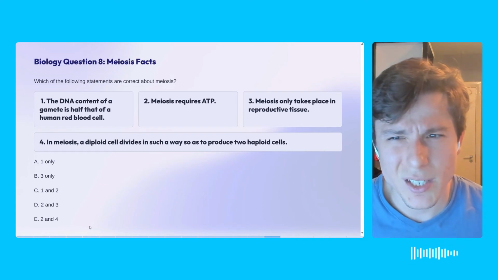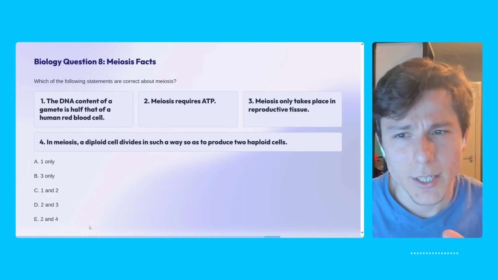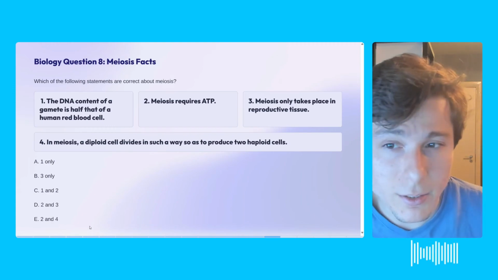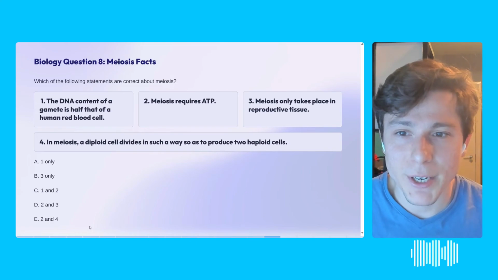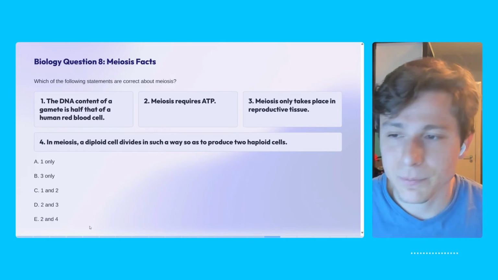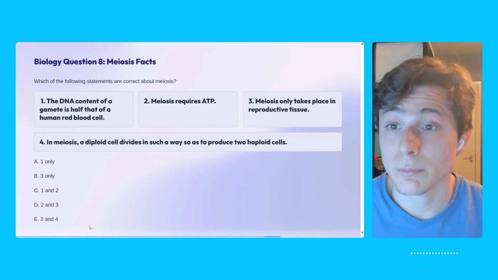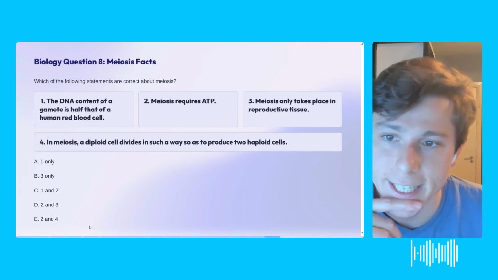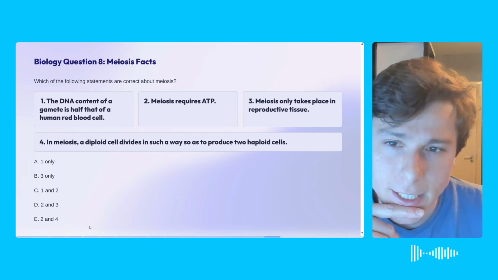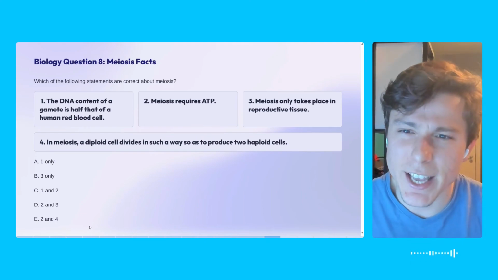Basically what it's saying, a little bit confusing, is that the DNA of a gamete is half that of a blood cell. So let's check the true statements. The first one says that the DNA content of a gamete is half.